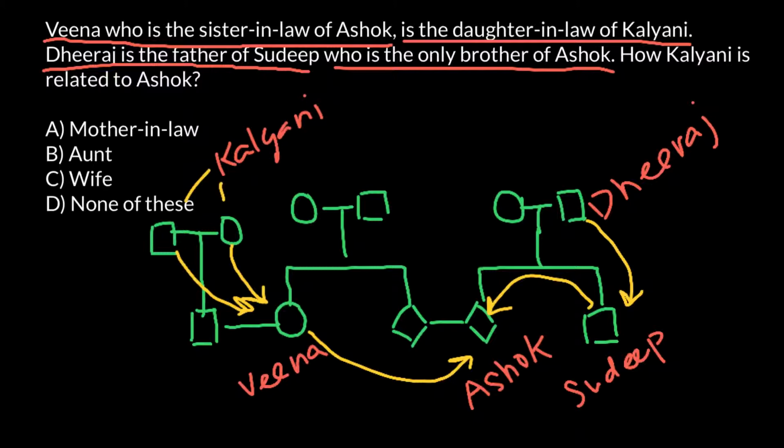Again, let me use some color here. So I would use blue. So any of these people here have no relationship with Ashok here. And now let's check the third variant.